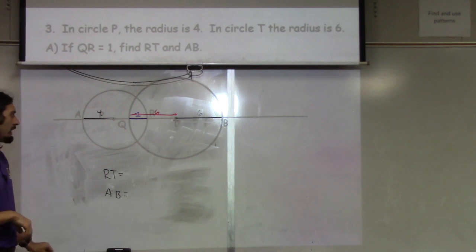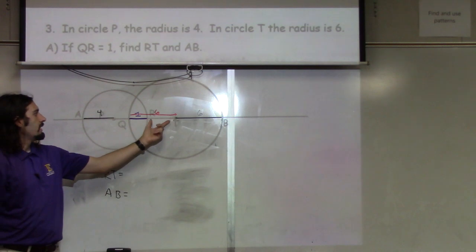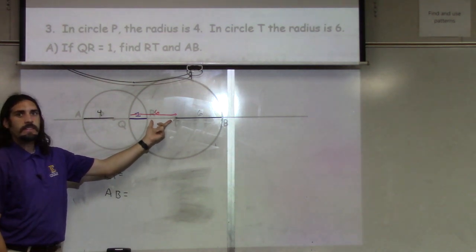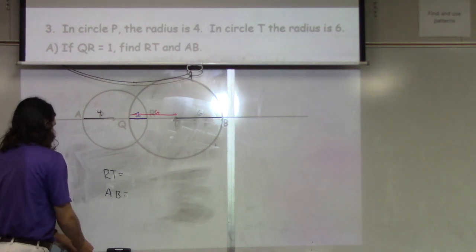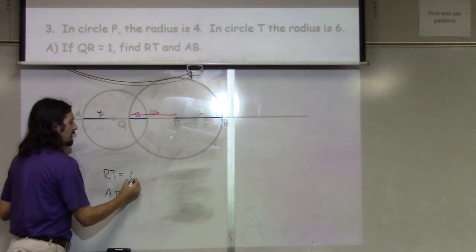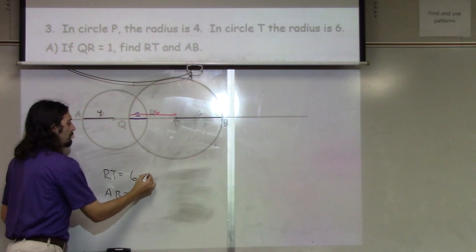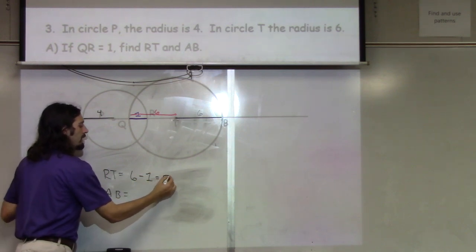So with that in mind, can we now find RT? Well, sure. RT is now your radius of 6 minus the overlap purple in 1, meaning RT is 5.